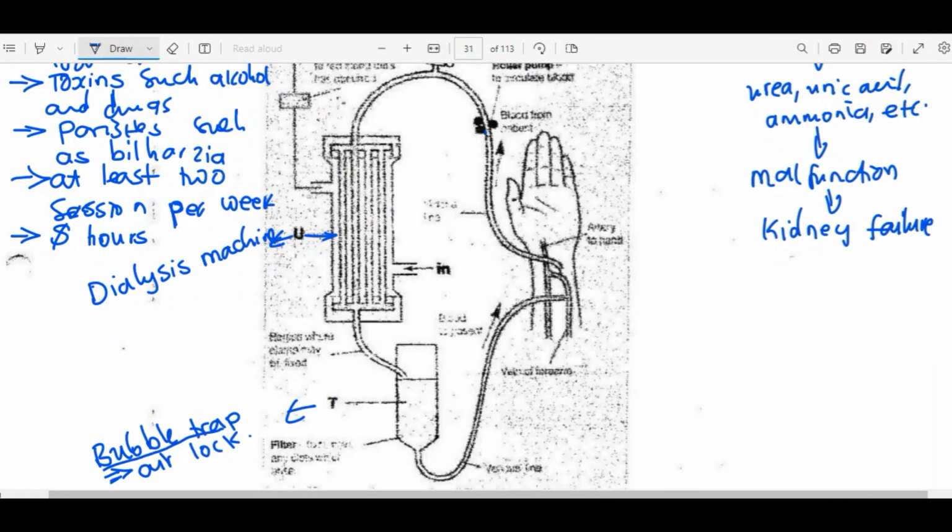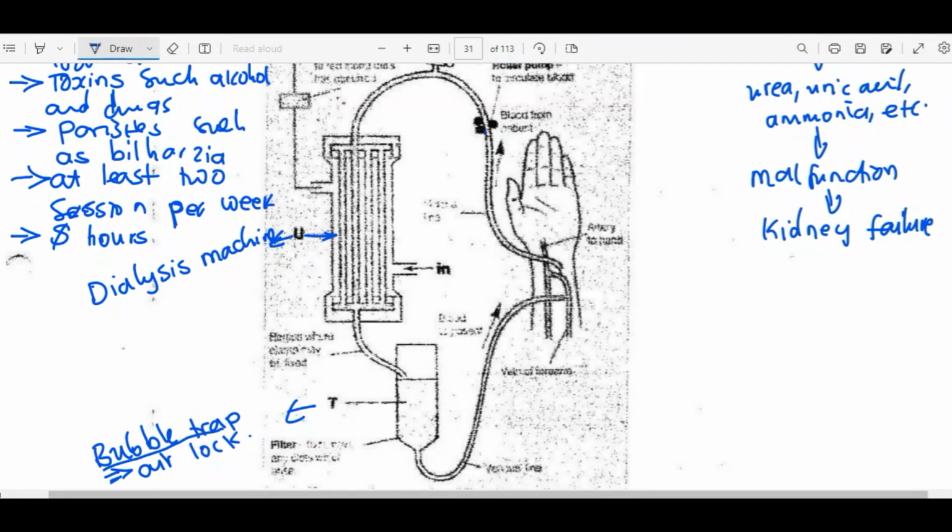Remember, as blood is flowing through this tube, it contains the waste products, it contains glucose, proteins, salts, water, and the rest. Now, there are substances that we don't want to be removed from the blood into the machine. So how do we prevent that from taking place?